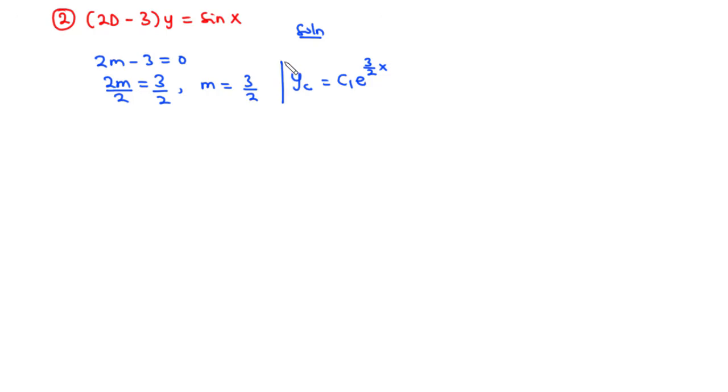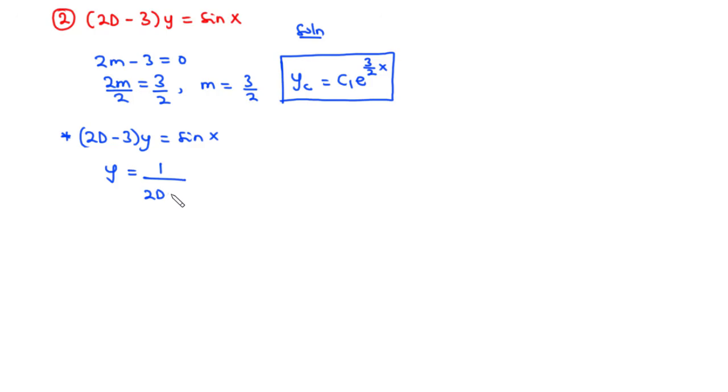So this is yc. Now let's move on to find yp, which is the particular integral. Now we have the differential equation (2D minus 3) times y equals sine x. So we can represent this in the form y equals 1 over (2D minus 3) times sine x.